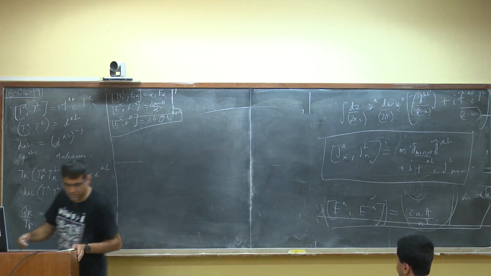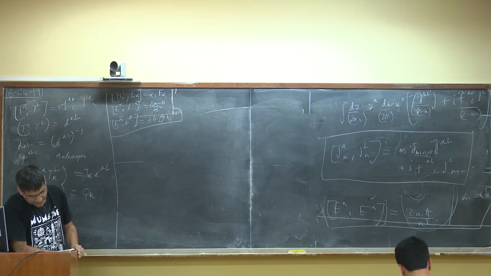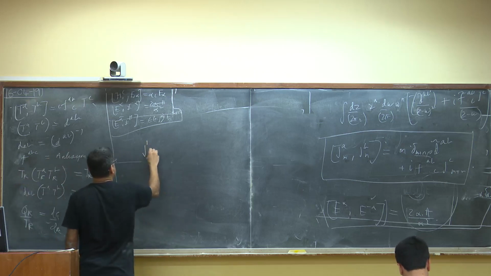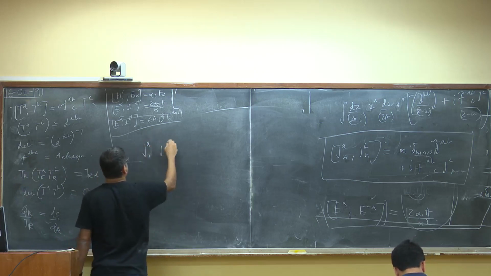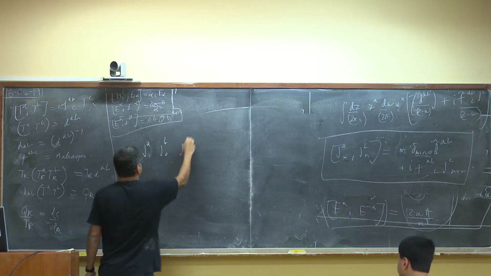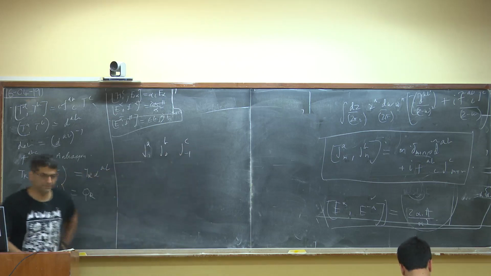So let us look at the Jacobi identity between J1a, J0b and J minus 1c.